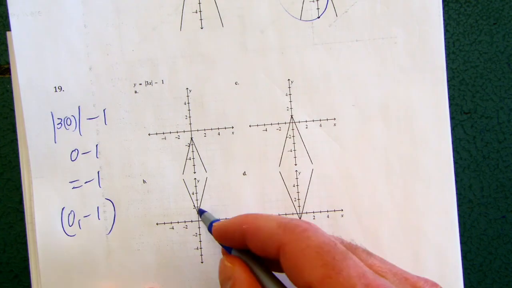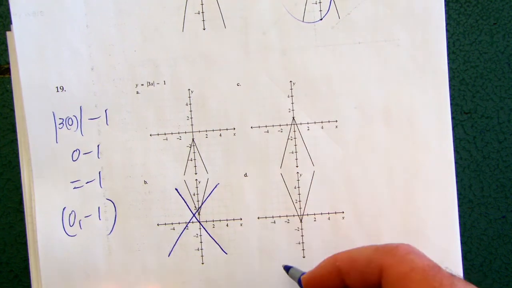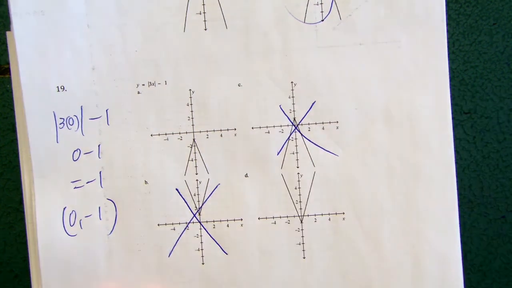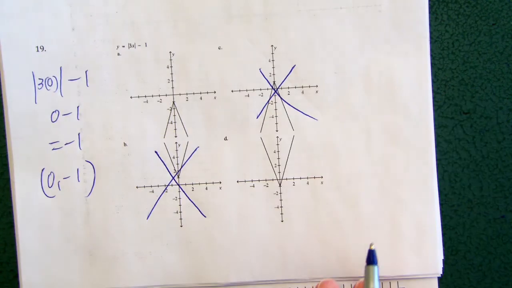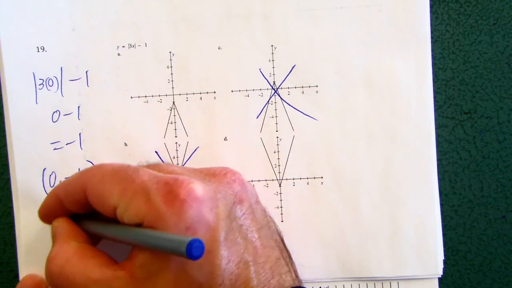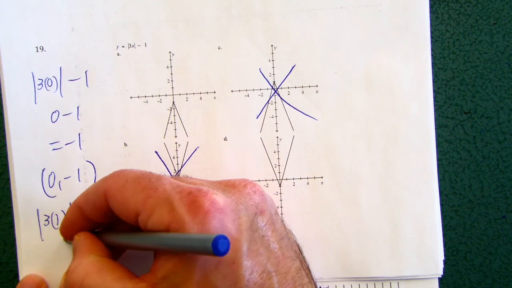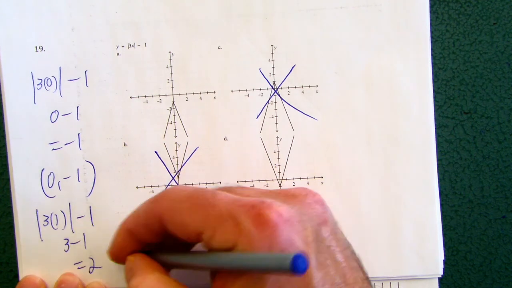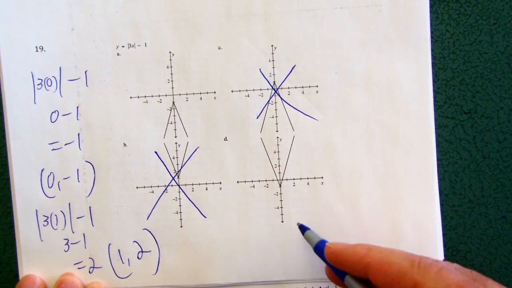So that eliminates that and that. So now it's A or D. Like I said, I would put in 1. So 3 times 1 minus 1. So you're going to get 3 minus 1 is 2. So where do we have 1 comma 2? D.